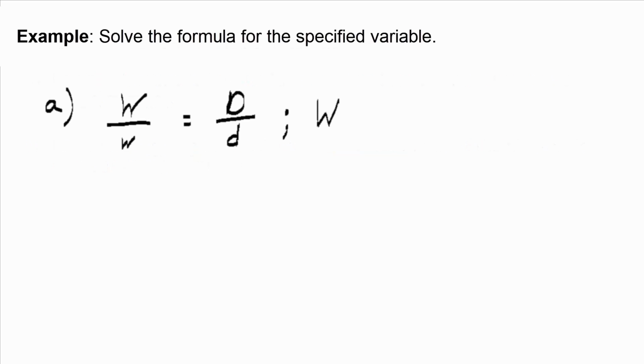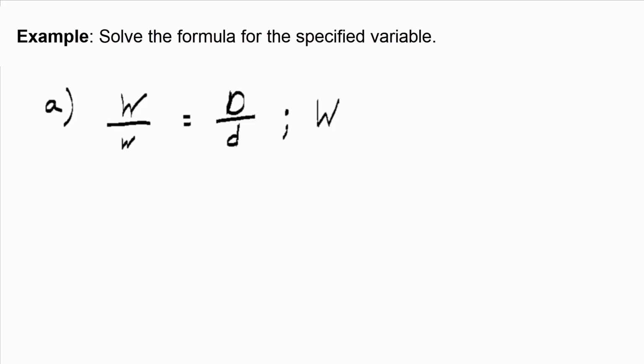In this first example, we're going to solve for the specified variable. Notice it looks like we have w divided by itself, right? No. When you're dealing with equations in, say, physics or chemistry, an uppercase letter is different from a lowercase letter. The W on top is bigger than the w on the bottom: uppercase W on top, lowercase w on the bottom.